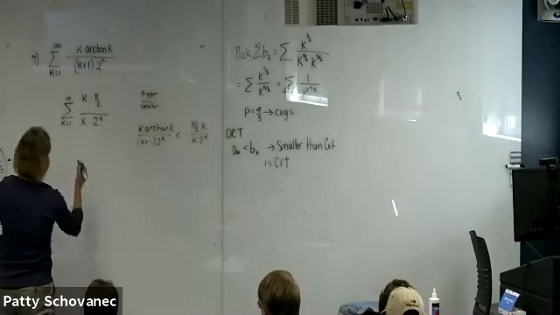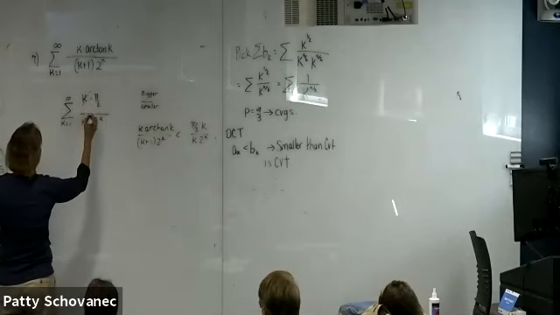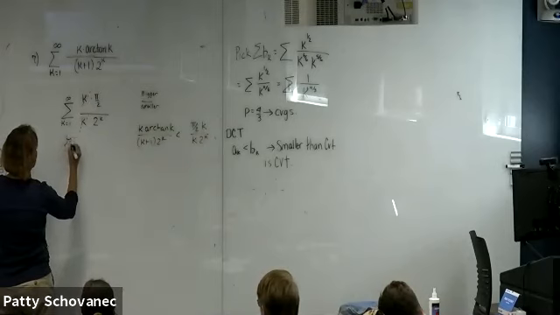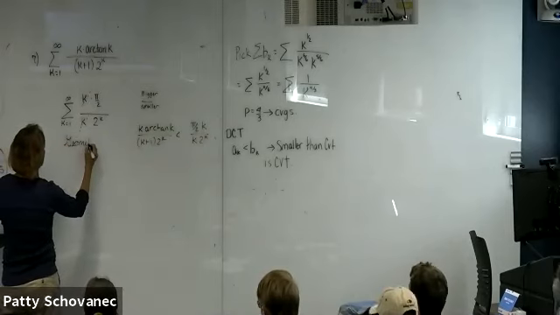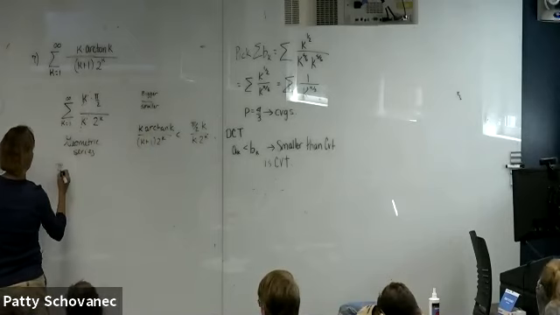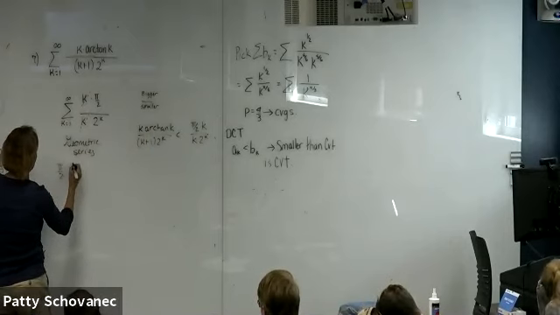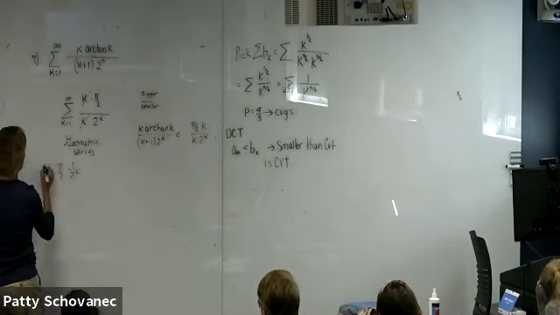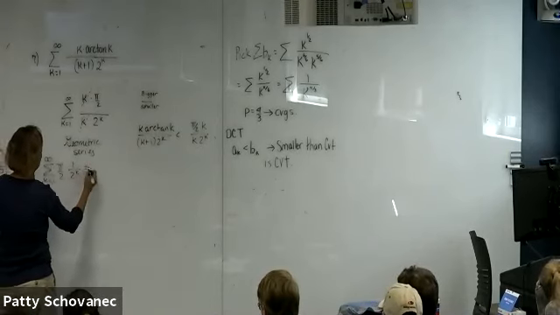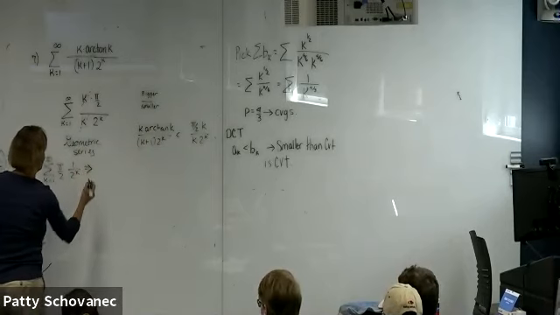Can you tell me what kind of series this is? Well, we can get rid of that. Pi over 2 is a constant. It's a geometric series, pi over 2 times 1 over 2 to the k. So what kind of geometric series?